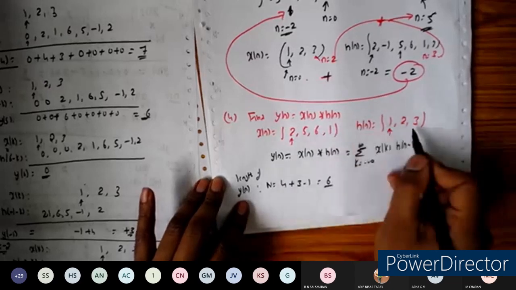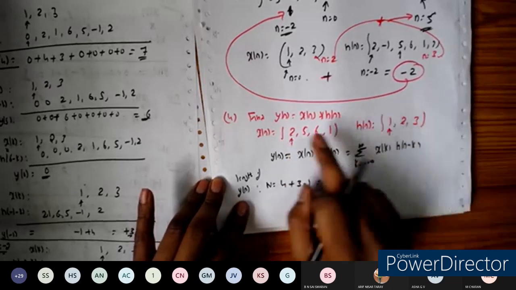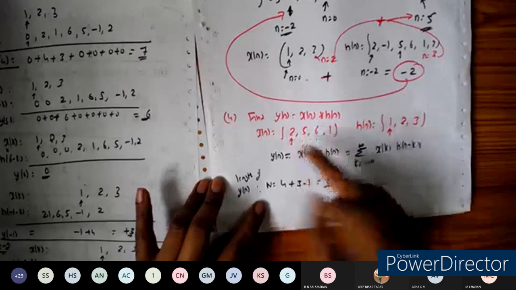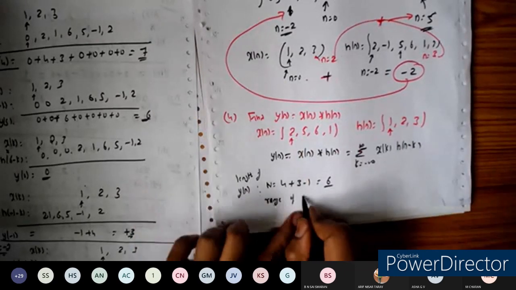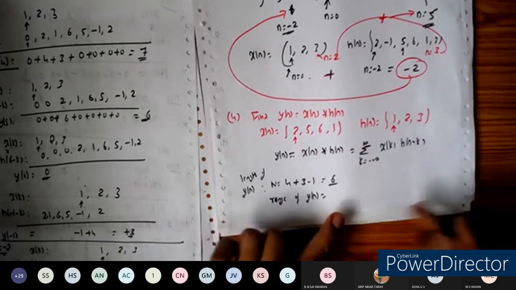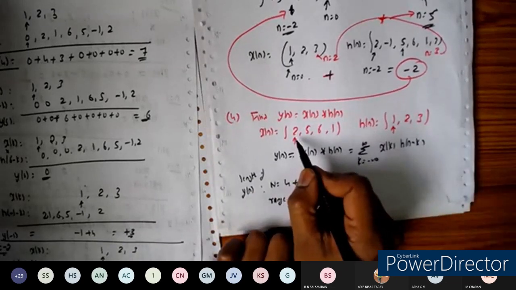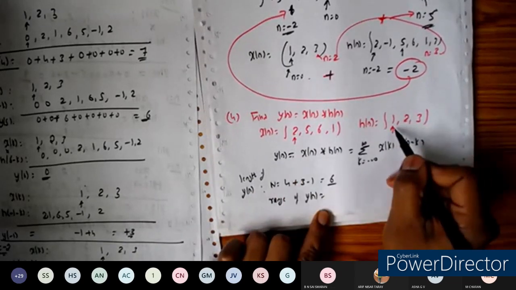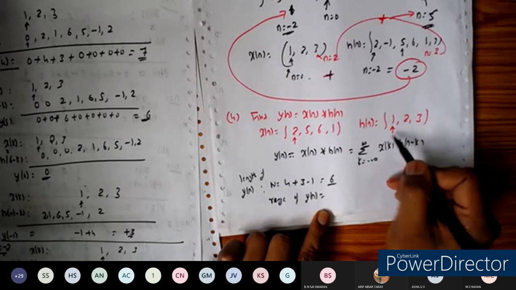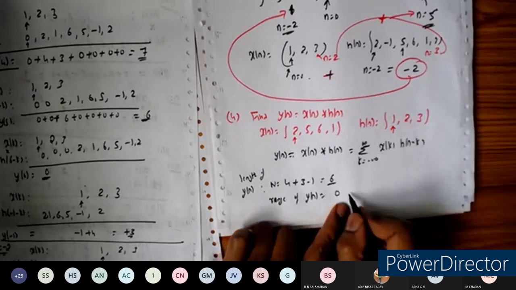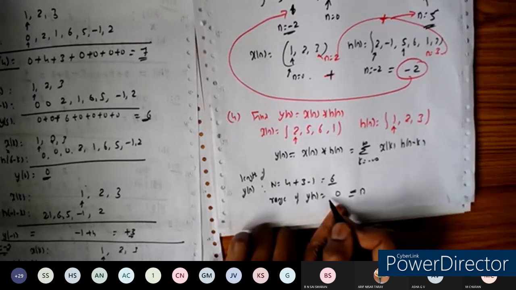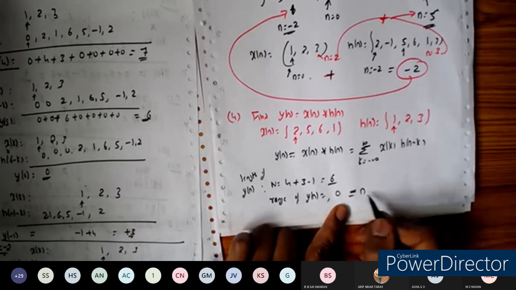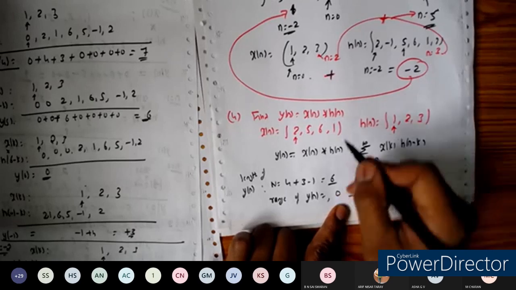Okay, since both are the positive-sided sequences here, let us see the range of y of n. The lower limit will be 0, since this is at the location n equal to 0, and this is also at n equal to 0. So 0 is less than or equal to n is less than or equal to the upper limit.